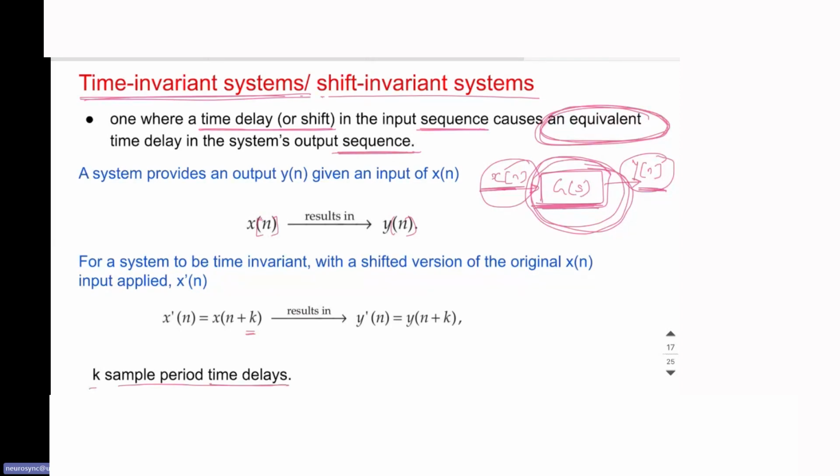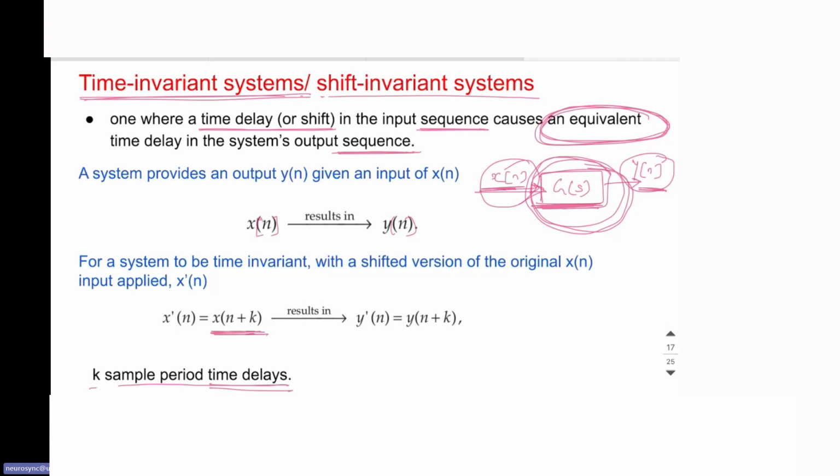Shift is nothing but the time delay. So at the input side, if I'm having some time delay in the input signal, which is represented like this, x of n plus k.